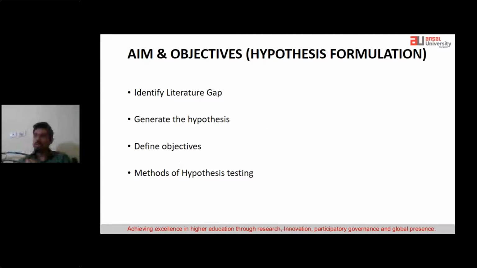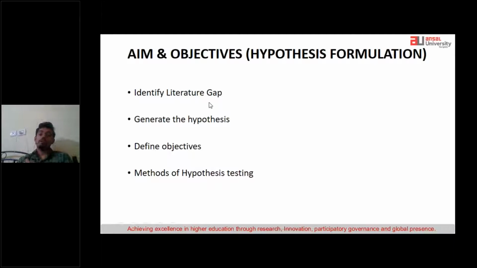Then, once you are done with your literature review, comes your hypothesis formulation. Hypothesis formulation means, as I said, identifying the literature gap. After reading all the literature, you will come up with some literature gap. It is the information I have gathered, I have read all through this, and I have understood that something is missing, or this has never been looked into, or there is no research available on this particular aspect.